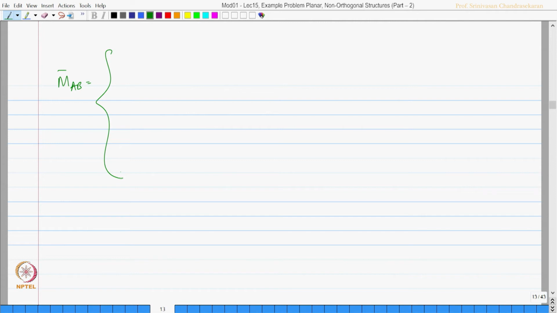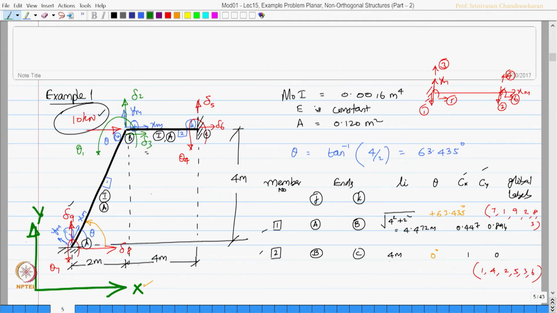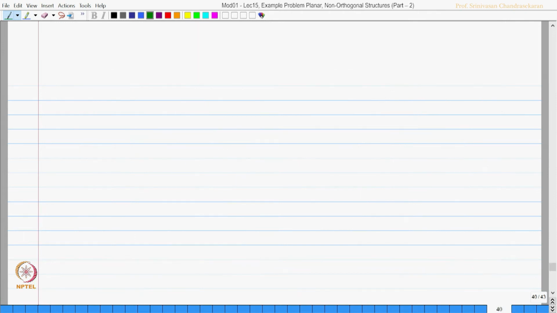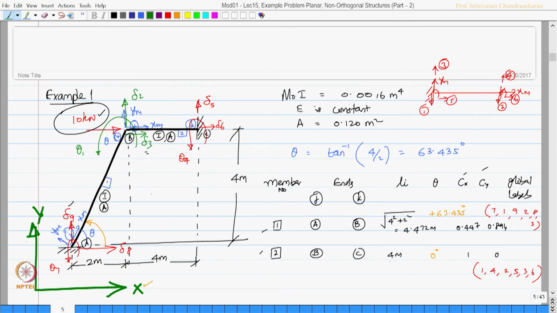Look at the degrees of freedom of AB, 7 1 9 2 8 3. So, 7 and 1 are rotations, 9 and 2 are vertical reactions, 8 and 3 are horizontal reactions.